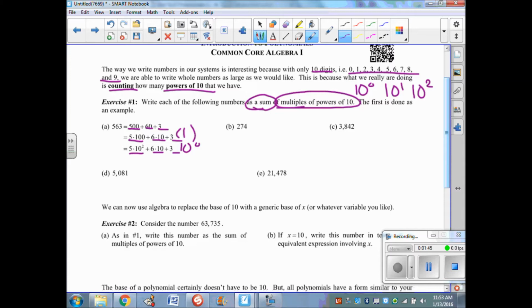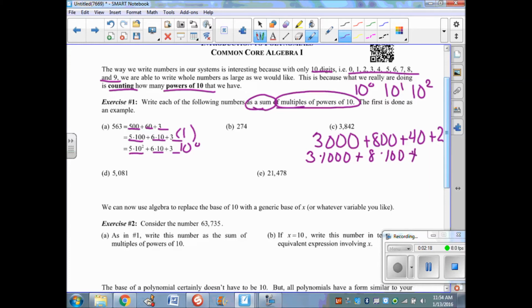So let's jump over to letter C, because we have 3,842. Let's think about what that means. 3,000 plus 800 plus 42. When we think about that a little bit further, it means we have 3 thousands: 1,000 plus 1,000 plus 1,000, plus 8 hundreds.